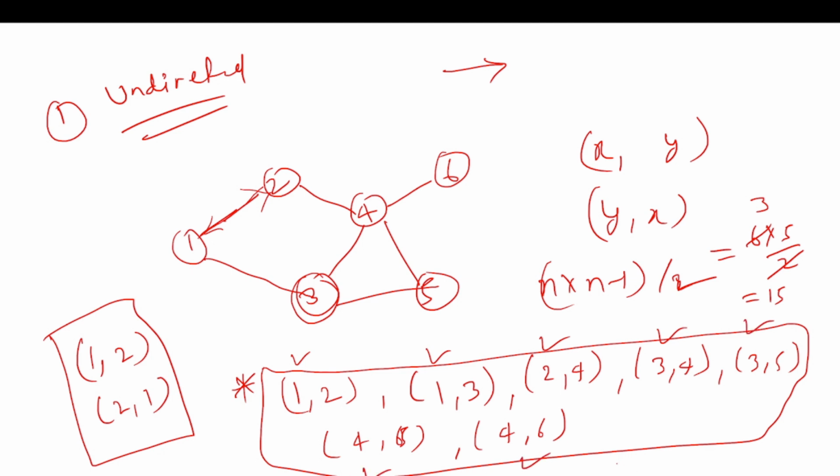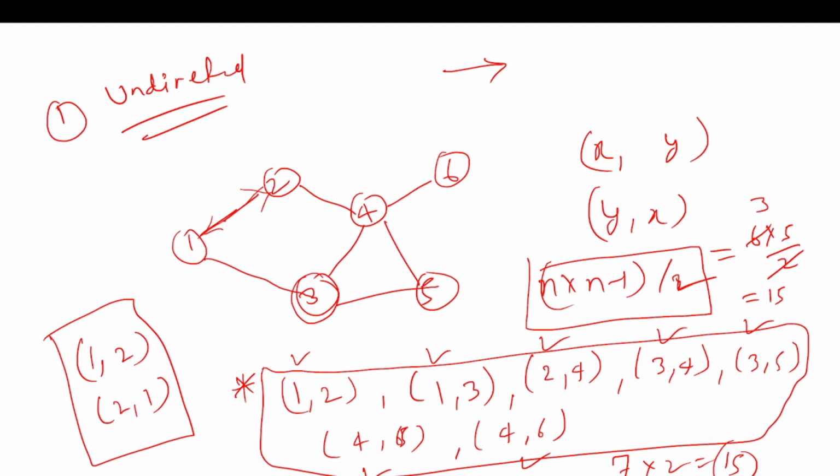So you will say 7 into 2, nearby it will come to 15, right? So that is why this formula will work, n into n minus 1 by 2, right? So the number of edges we can find from there.